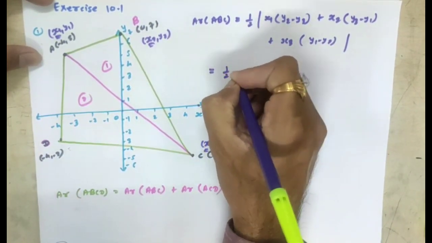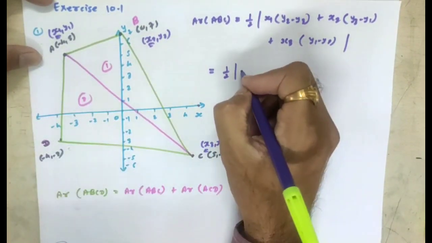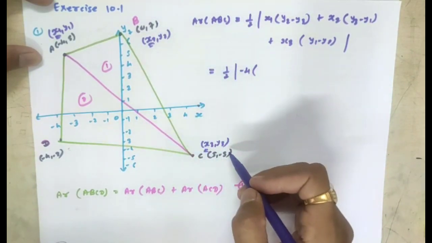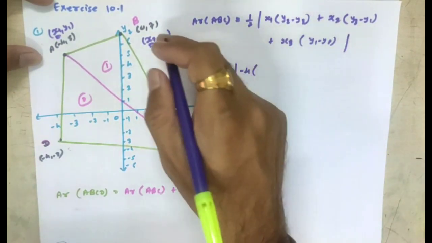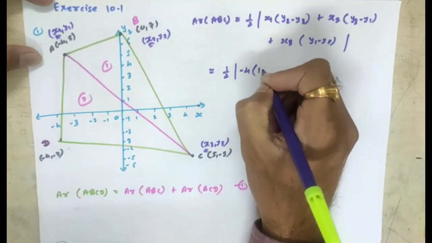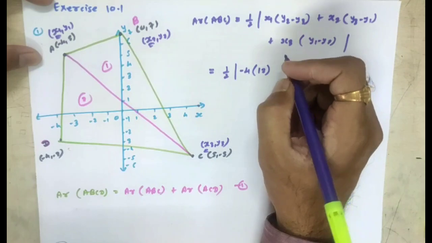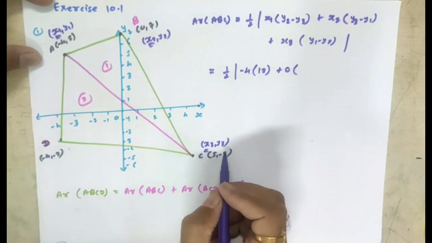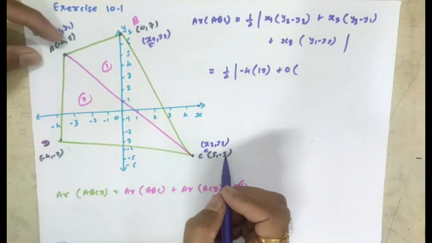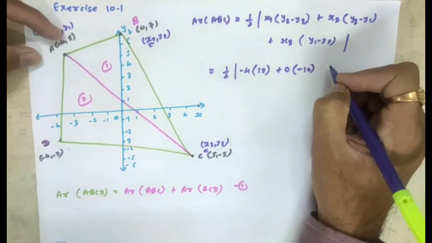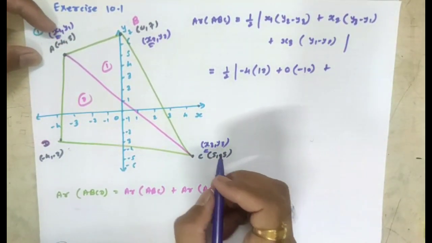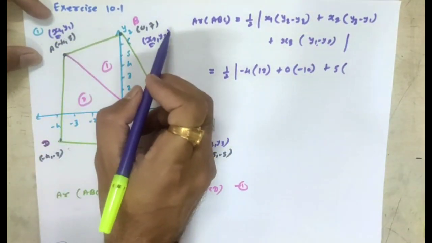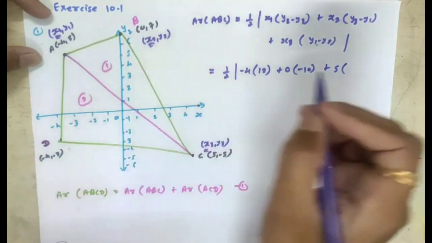This is equal to 1 by 2 mod of x1, minus 4, times (y2 minus y3), 7 minus minus 5, so 7 plus 5, 12, plus x2, 0, into (y3 minus y1), minus 5 minus 5, minus 10, this is going to be 0, plus x3, 5, times (y1 minus y2), 5 minus 7.